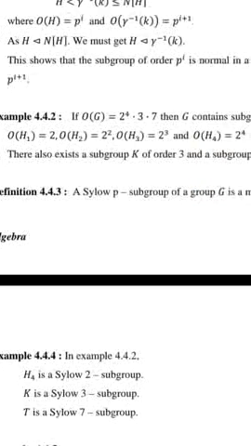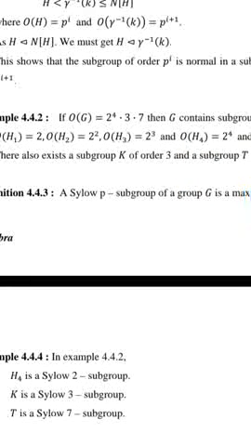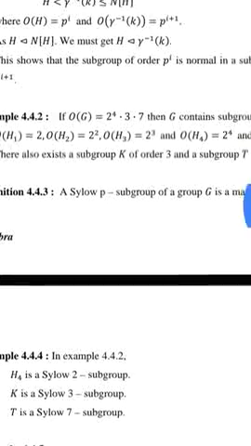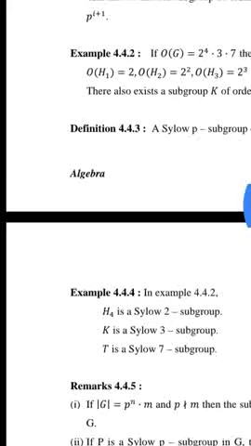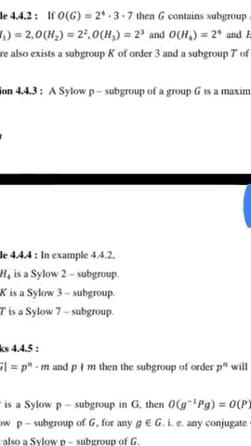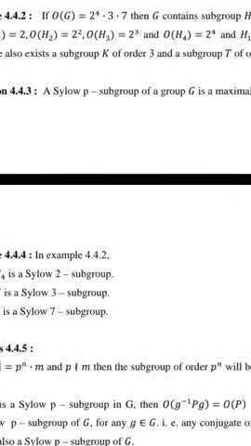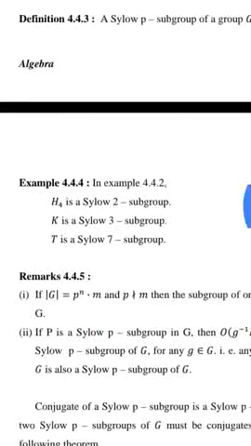Definition of Sylow p-subgroup. A Sylow p-subgroup of a group G is a maximal p-subgroup of G. In the example, H4 is a Sylow 2-subgroup, K is a Sylow 3-subgroup, and T is a Sylow 7-subgroup.